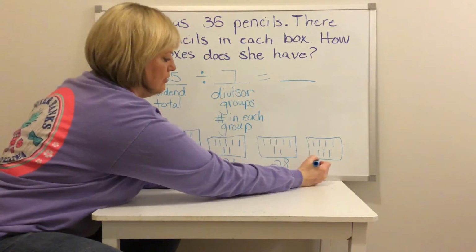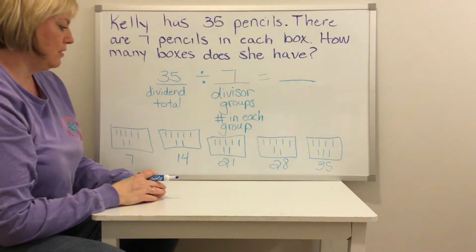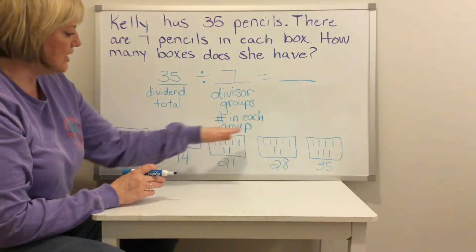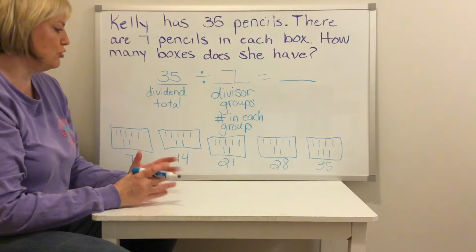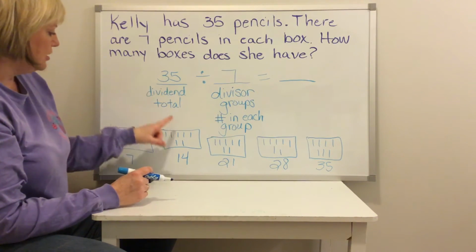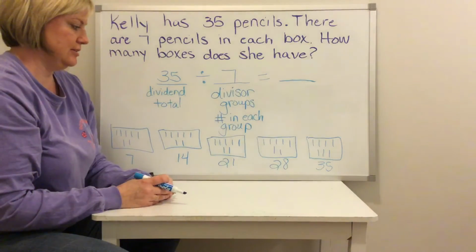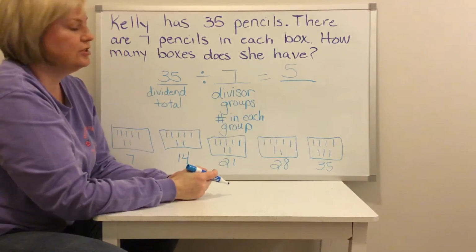And now I have 35. So I used all 35 pencils. I put 7 in each box, and now my answer is how many boxes or groups I needed. 1, 2, 3, 4, 5 boxes. And that is my answer to 35 divided by 7.